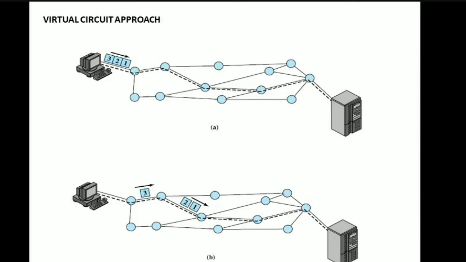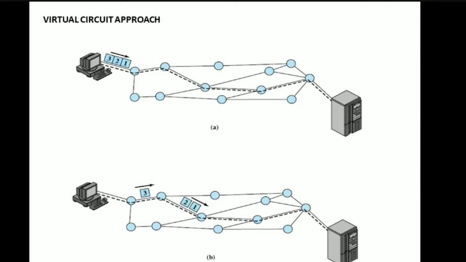That is, before sending any packets to the network, first of all, a route will be established. Only when the route is established will all the packets be sent, and all the packets from source to destination have to follow the same route. I repeat, all the packets from the source to destination have to travel in the same route.